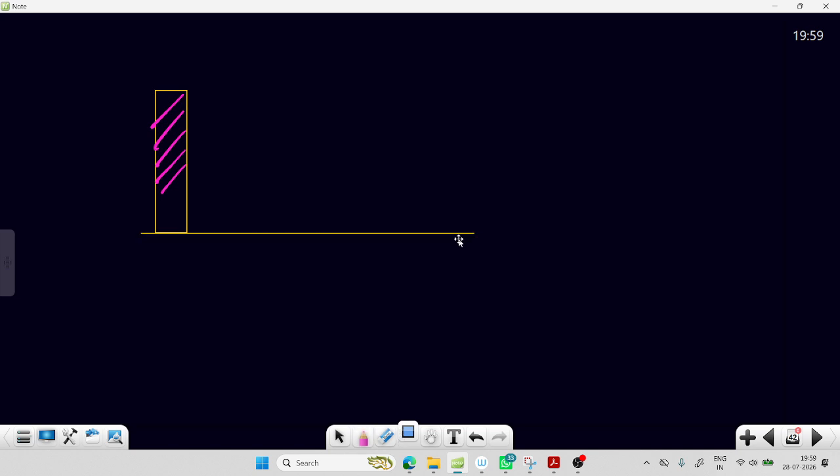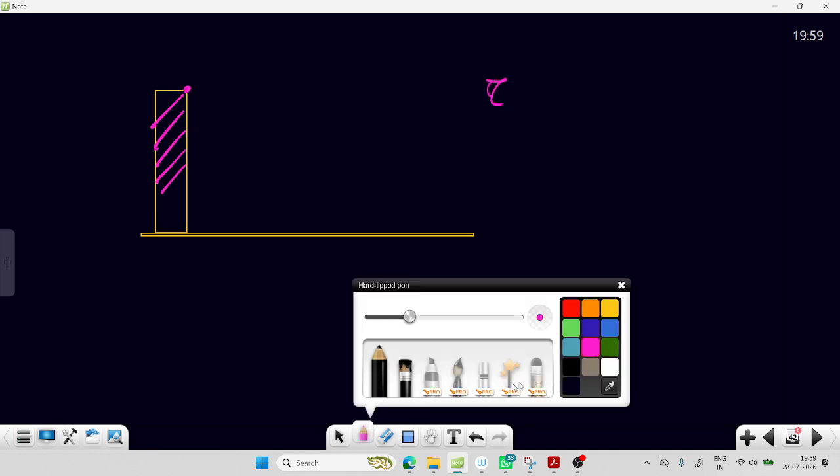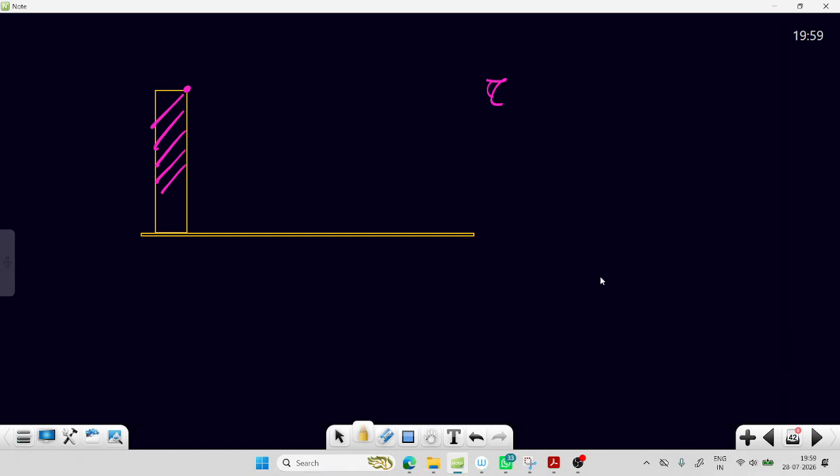A person is observing from here, observing the top. The light ray will travel like this, and when it reaches here, what happens? It goes under TIR. This light ray goes back to the same medium.